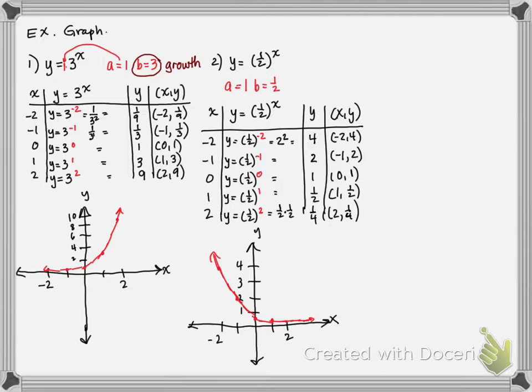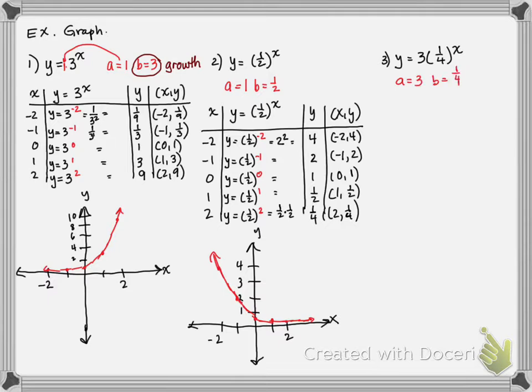All right, let's see if we can squeeze one more on here. So our third one, we are going to get an A value different than 1. Ooh, and a fraction. So my key players, A is 3, B is 1/4.